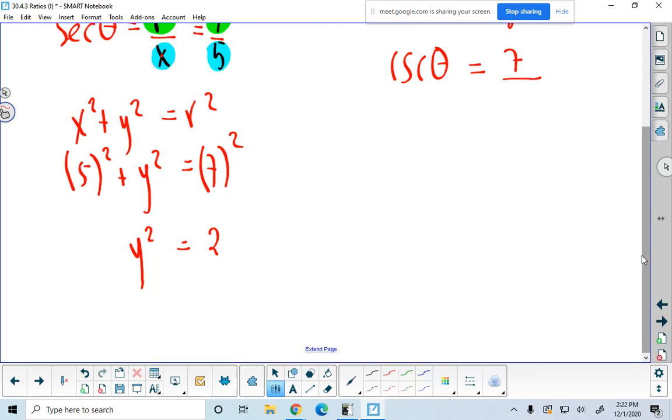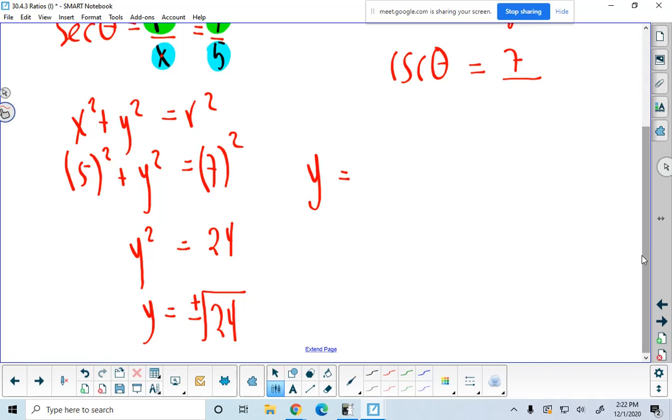So y squared is 24, which means y is, and at this level you must say plus or minus the root. Now you have to make a decision. Way back at the beginning of this afternoon, we had problems where you had to use plus or minus because the arm could be in two different locations. But we've also had situations where we exclude one of the positives or negatives.